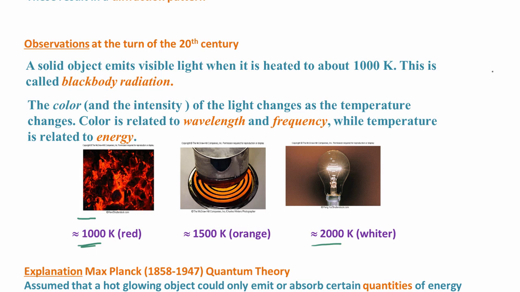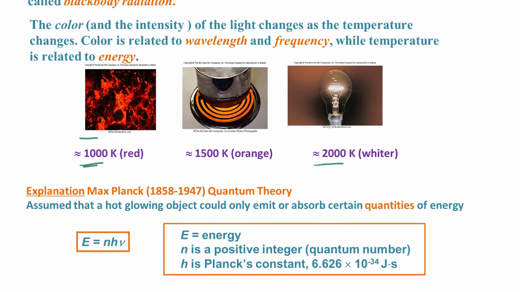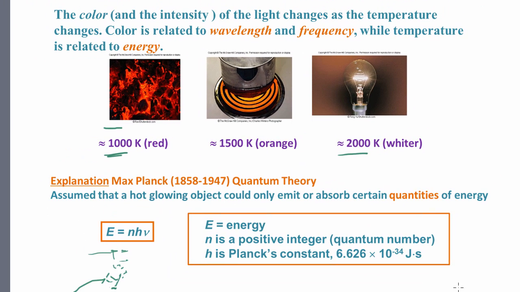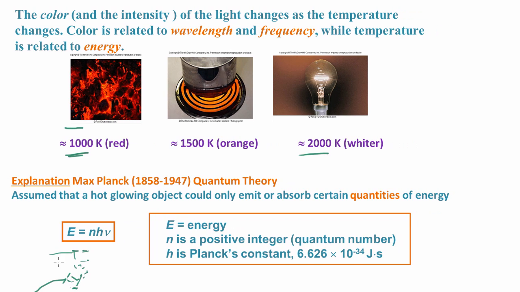Planck theorized that the atoms of a crystalline solid vibrate, or oscillate, with a definite frequency, which depends on the identity of the solid. He reproduced the experiment on glowing solids by postulating that a vibrating atom could only have certain energies allowed by this formula: the energy is equal to N times h times the frequency.